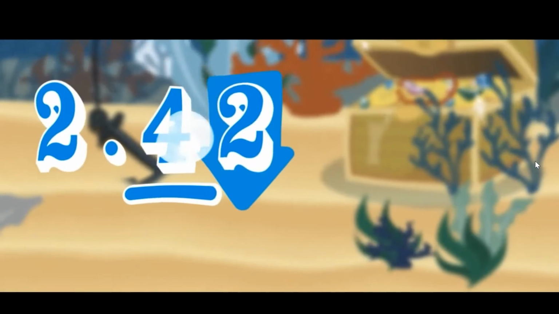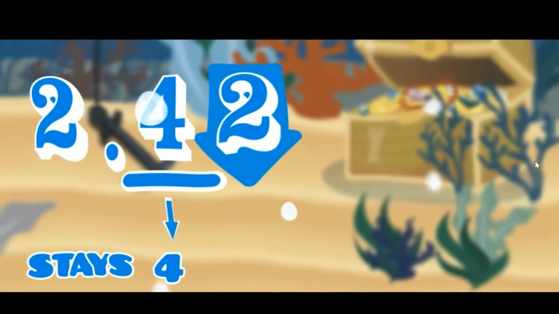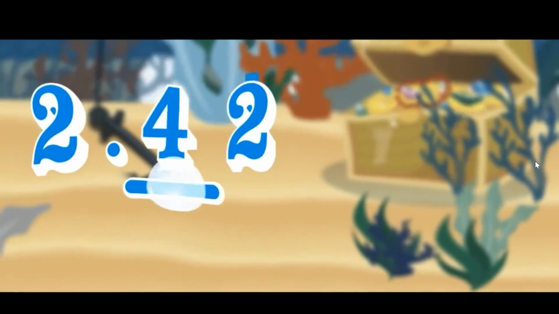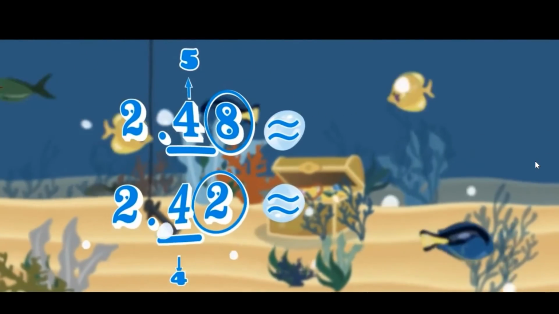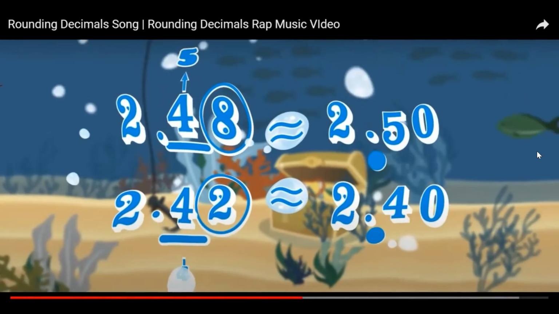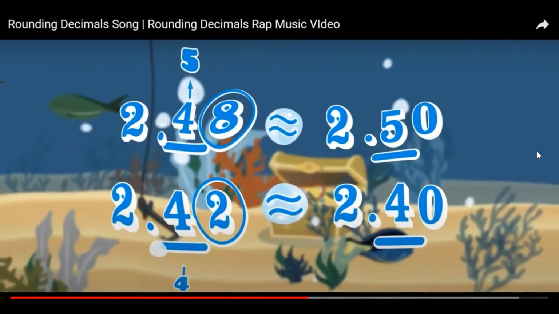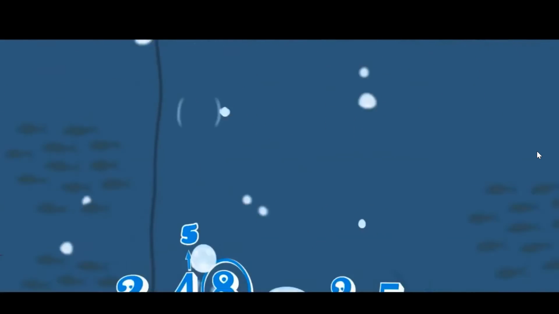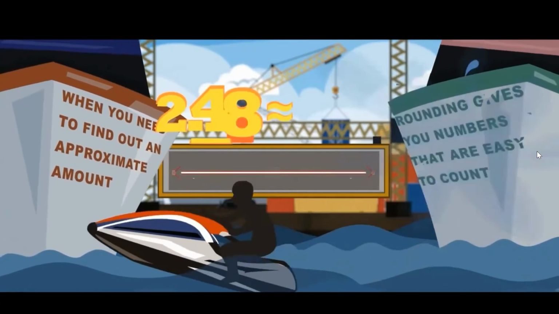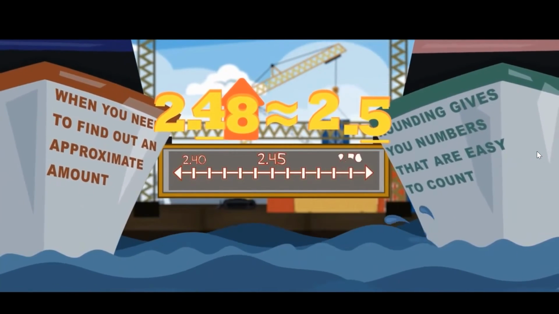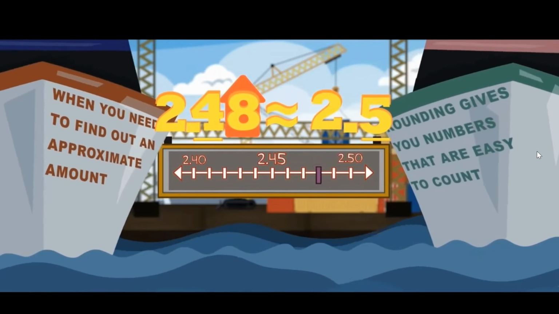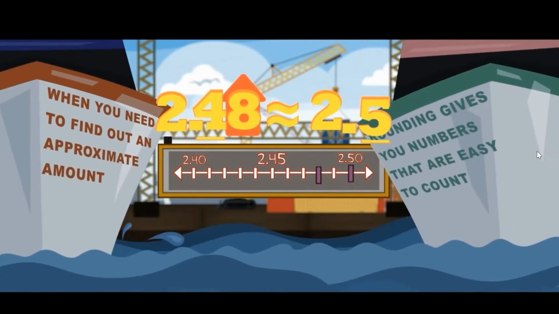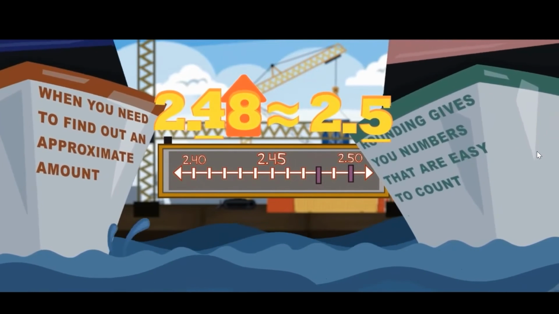When rounding down, it stays where it had begun. When you round decimals, you can erase what's right of the rounded digit's place. When you need to find out an approximate amount, rounding gives you numbers that are easy to count.